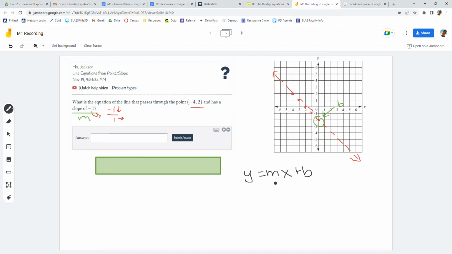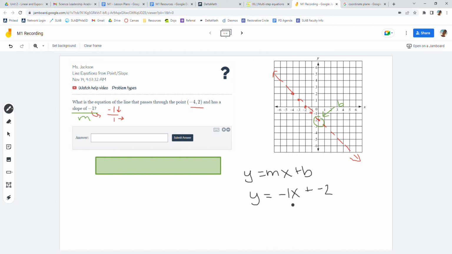So they gave us our m, they said our m was -1, our slope, and our b we found by going from our point using our slope to find the y-intercept. So our equation would be y is equal to -1x plus our b, which is -2.